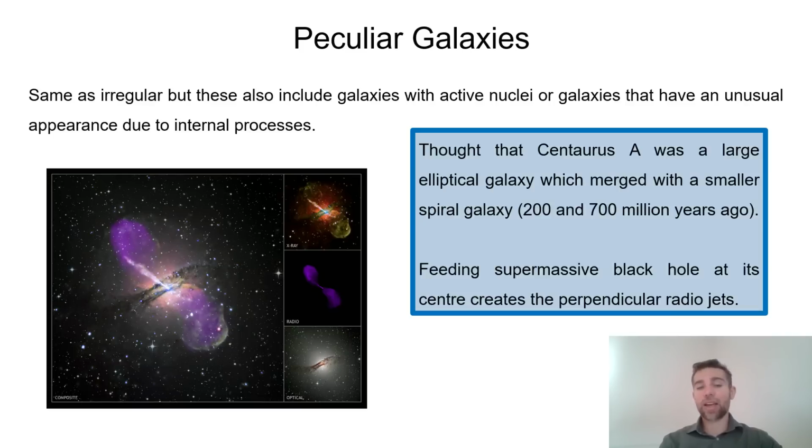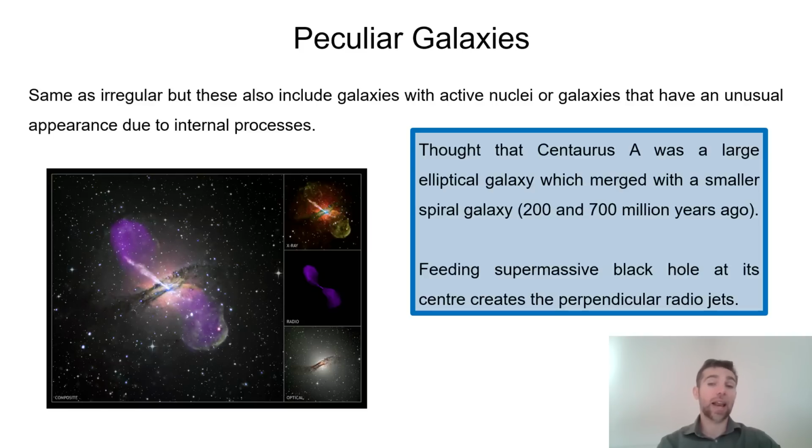Now, what's happened there is the supermassive black hole in the centre has been fed, all that material from the merging galaxy got fed into the black hole, it's become active, and it's created these enormous, energetic, perpendicular radio jets. And this would be known as a peculiar galaxy because it's shaped by an internal process and it's got an active galactic nuclei.